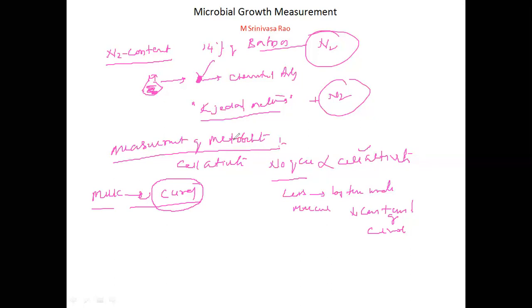To conclude, microbial growth can be measured by using direct and indirect methods. These are very simple, basic and very important methods through which we are able to measure microbial growth.